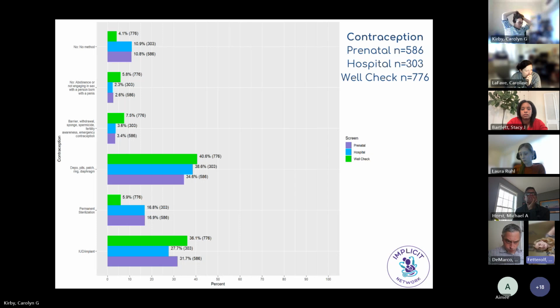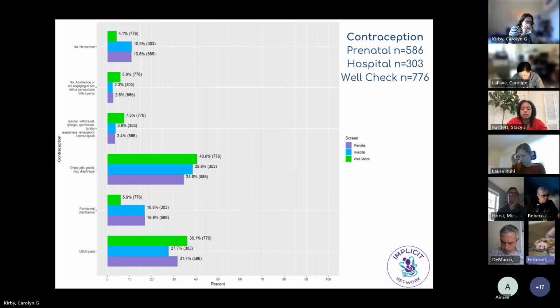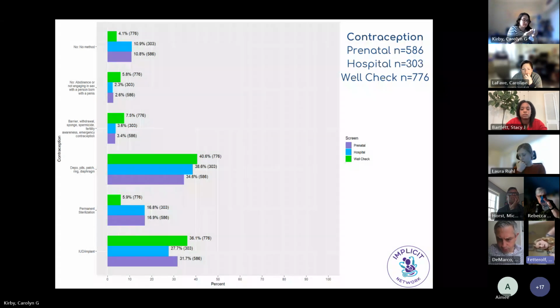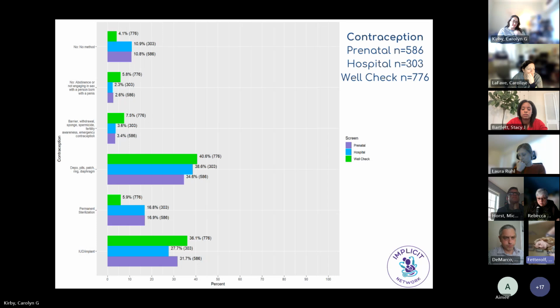One of the great things about our screening is we have questions that repeat in multiple questionnaires. One of those questions is our contraception question. We have it worded the exact same in the prenatal, hospital discharge, and well check. The idea is to really track if an intention matches what's happening postpartum.